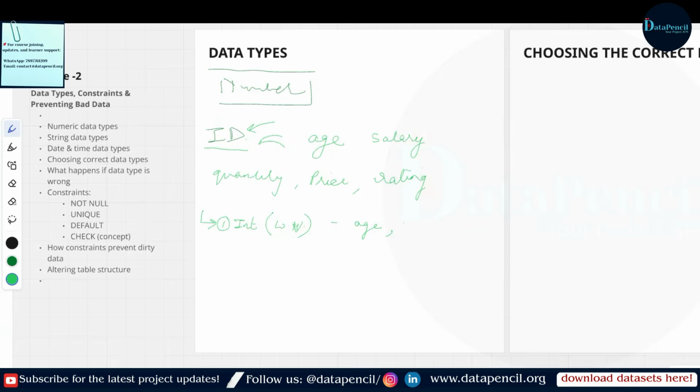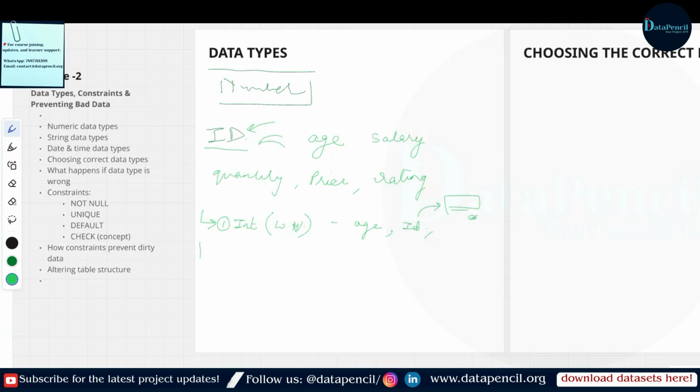Okay, int can be used for IDs, right? Now I want to tell you one very important thing here, that in the majority of enterprises, in offices, IDs are always in numeric form. It can be 1 2 3 4 5. Basically they keep it as a number because number gives us speed and accuracy.